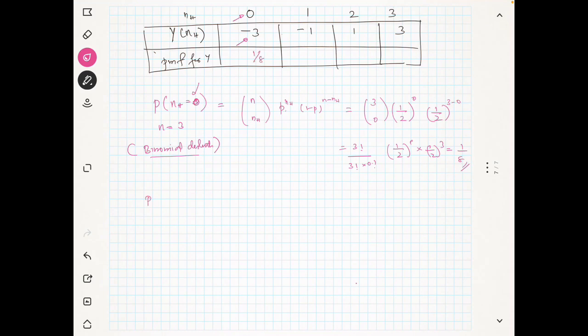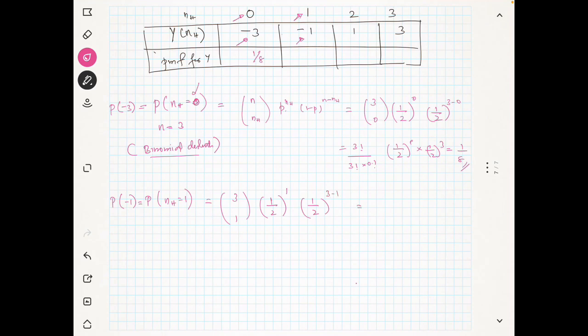Now the probability of minus 3 is the probability that nh is equal to 0. The probability of minus 1 comes directly from nh equal to 1. So it is 3 choose 1, 1 by 2 to the power 1 and 1 by 2 to the power 3 minus 1.